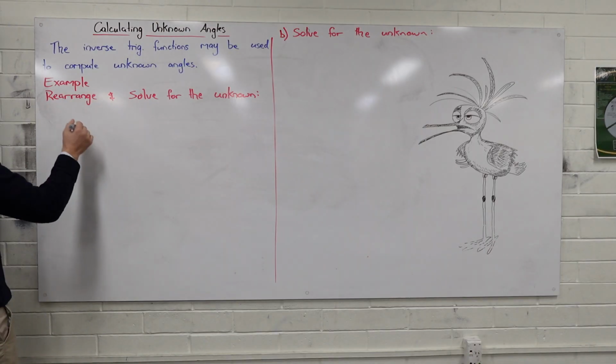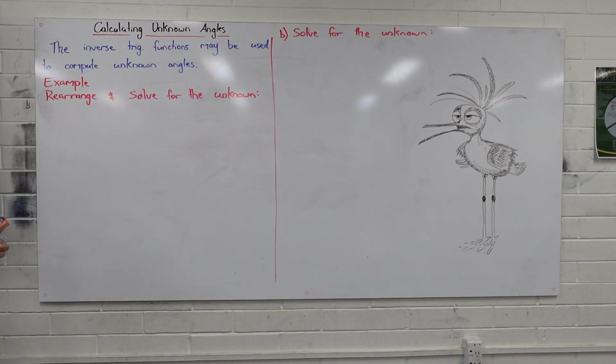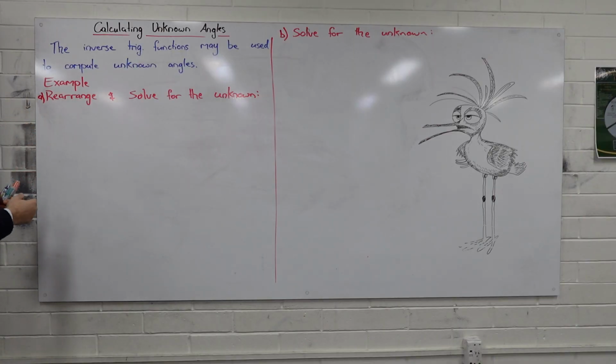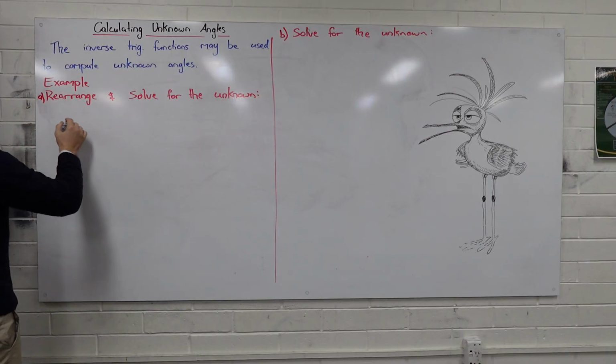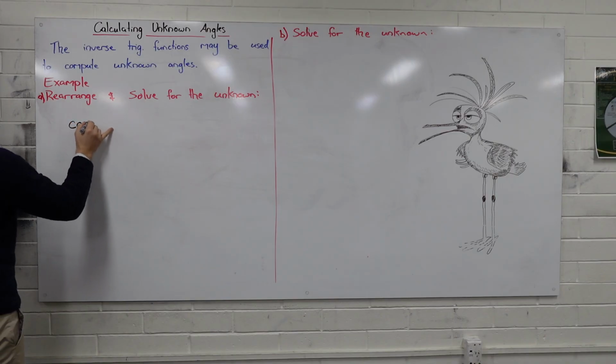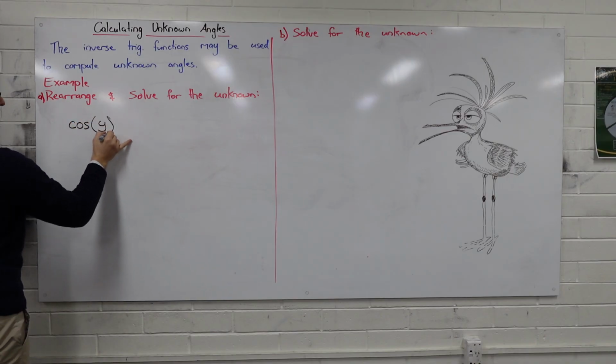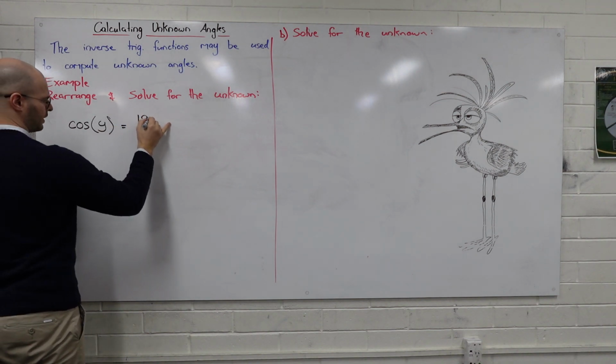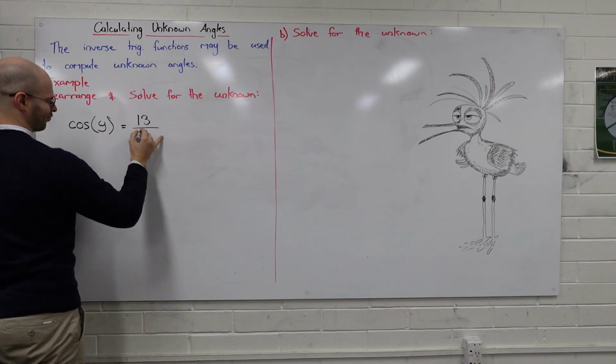First thing, a random equation suddenly appeared. Oops. And it was defined as being, let's say, cos y is equal to 13 over 25.